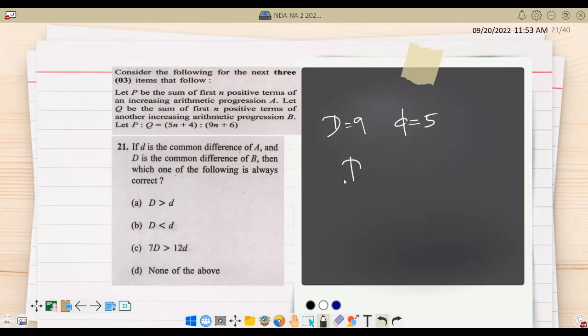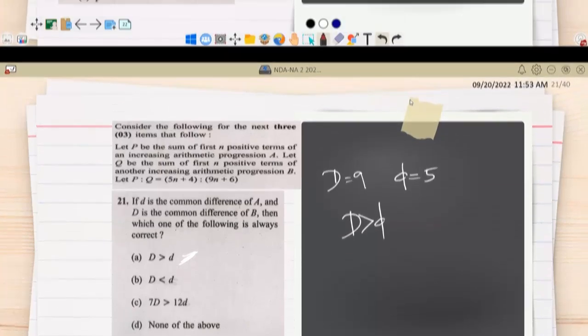So obviously capital D is greater than small d. This is the answer. This is the reason that finding the required values is important. So this took no time at all. So the answer is option A.